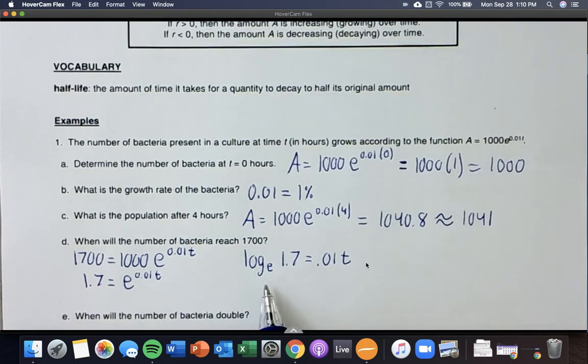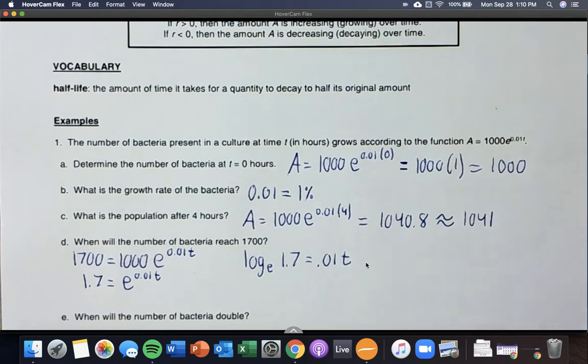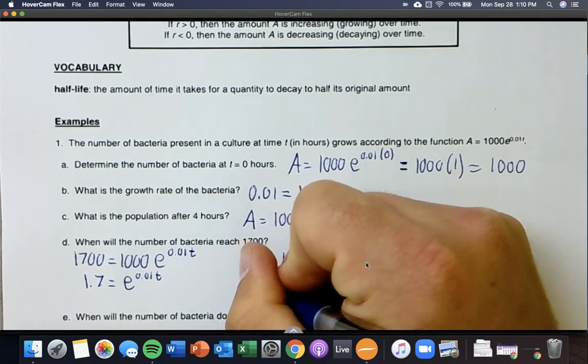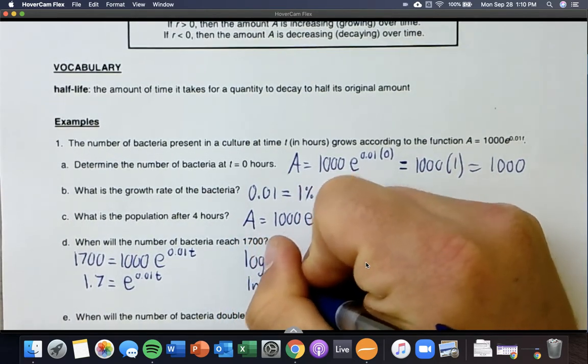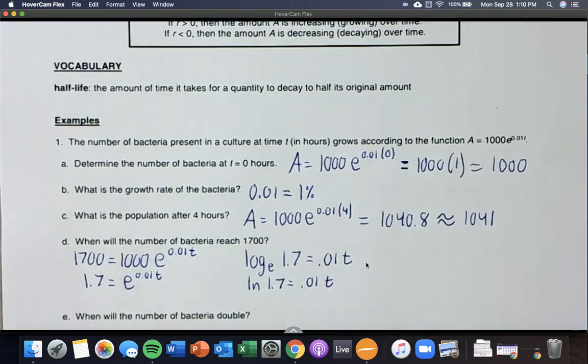Log base e is just the same thing as the natural log, so we can rewrite this as ln of 1.7 is equal to 0.01t.